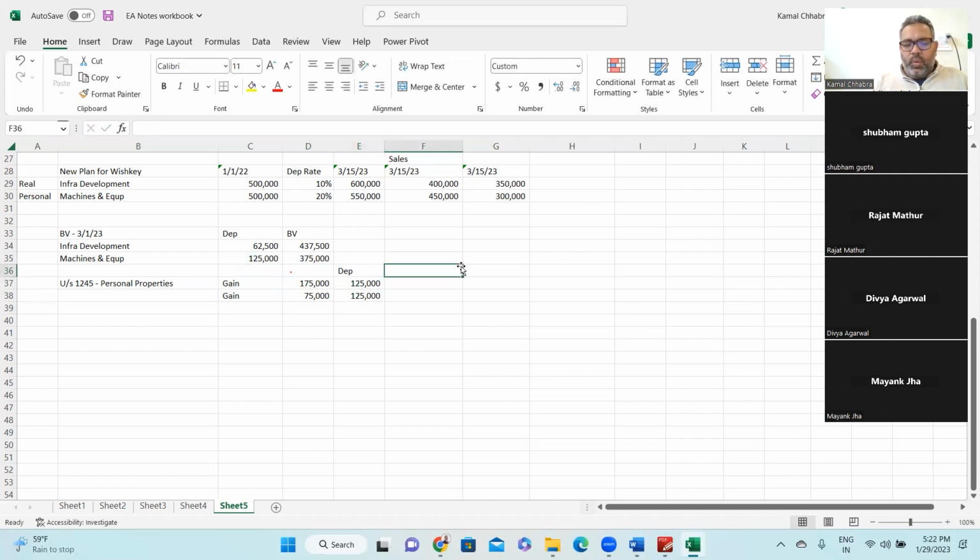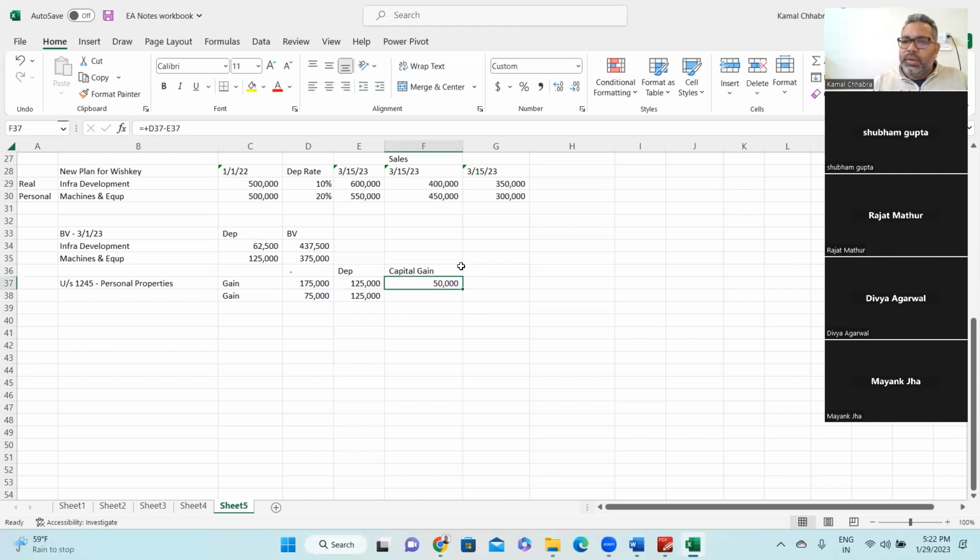What they are saying is that ordinary income should be the gain up to the accumulated depreciation, and capital gain should be your total gain minus the depreciation.